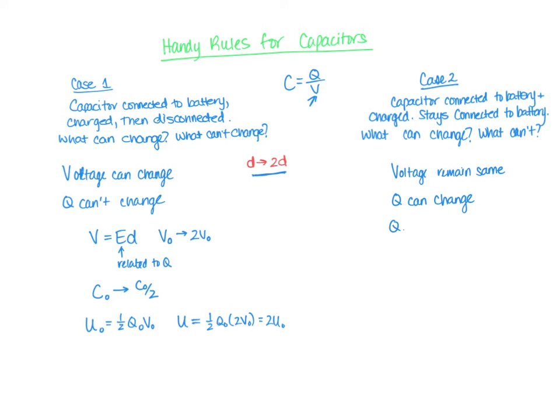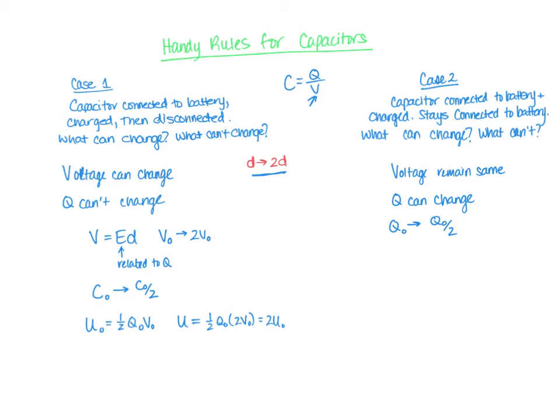So Q, the original charge, is going to have to become half, or the new charge after we've separated the plates will be half of its original value, and that will make the electric field half as strong, which will then allow the potential difference to remain the same even though our distance is doubled.